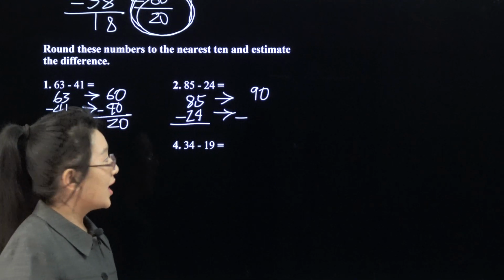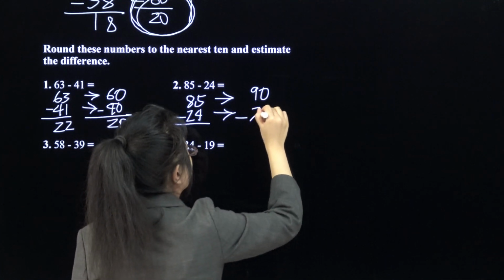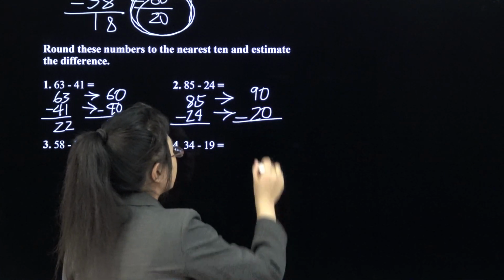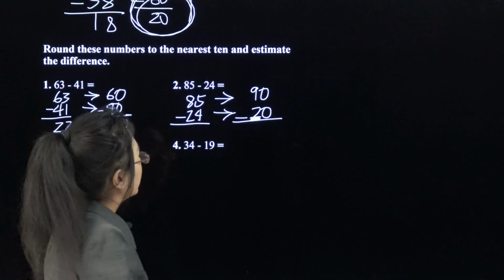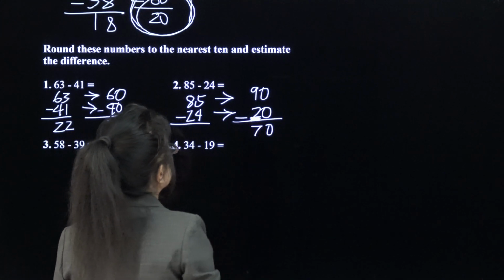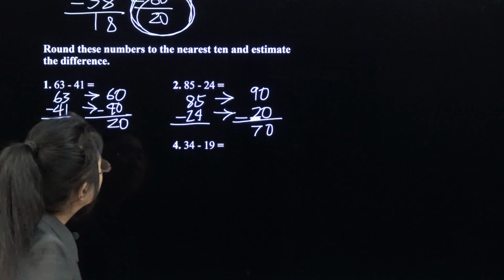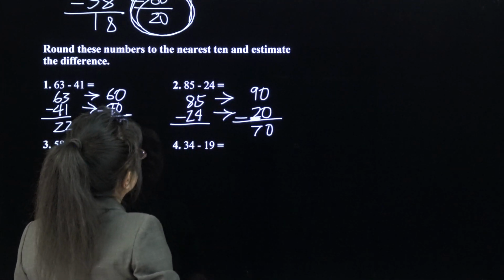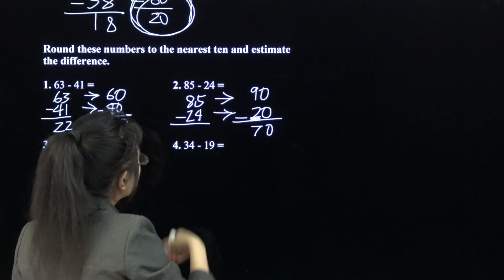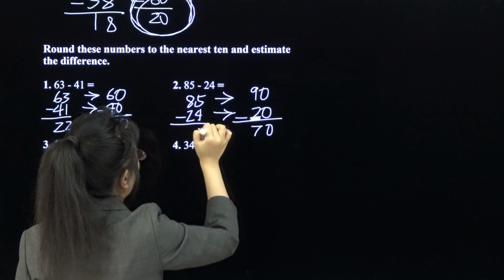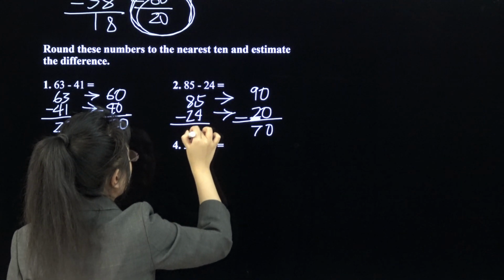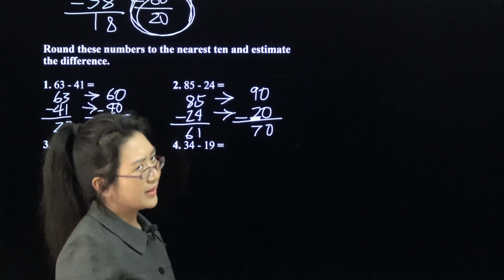When we round to the nearest 10, we will be rounding down to 20. And then we subtract and we get 70. But what's the actual answer? 5 minus 4 is 1, and 8 minus 2 is 6. We wouldn't round that to 70.